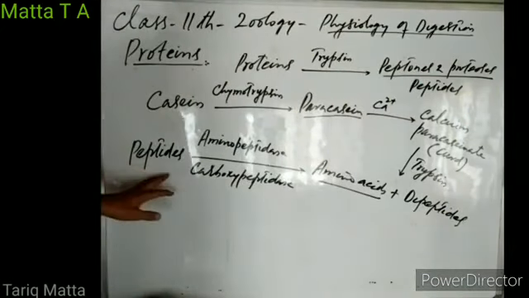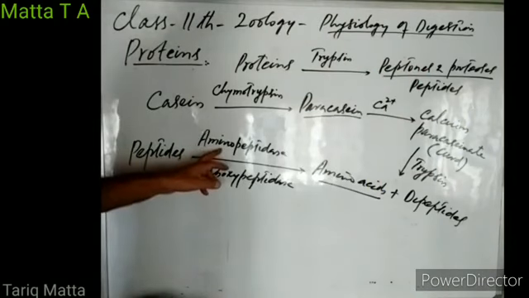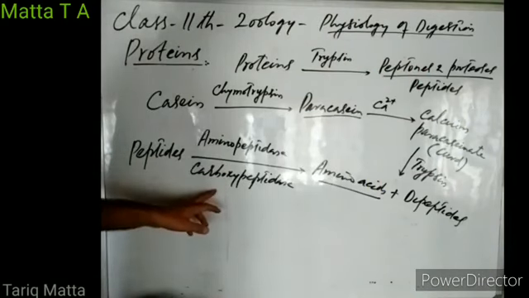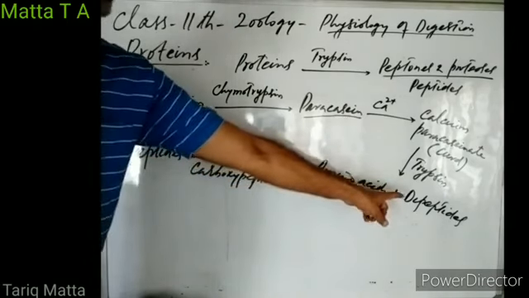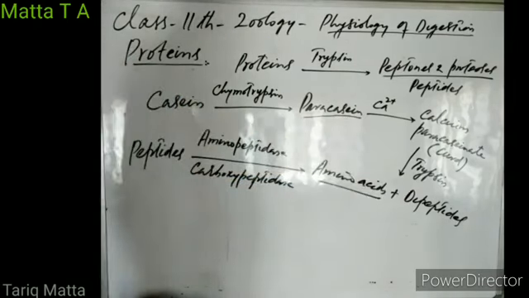So peptides are acted upon by peptidases, aminopeptidases and carboxypeptidases, and they release amino acids, and at the end a dipeptide is released. Right.